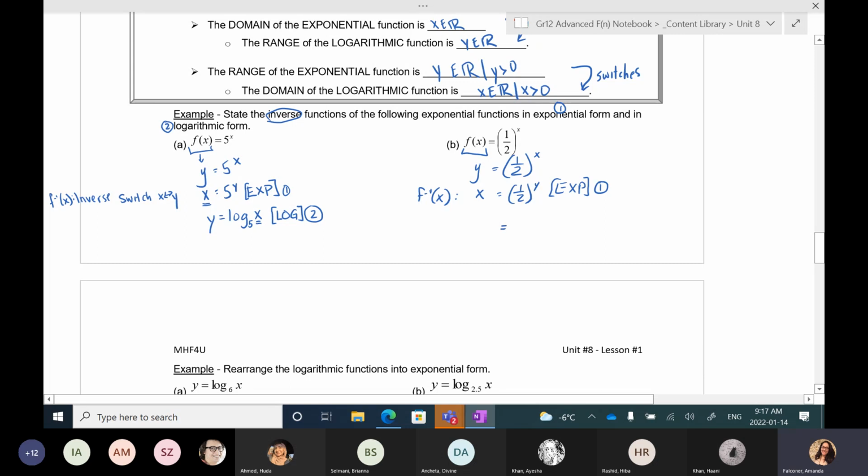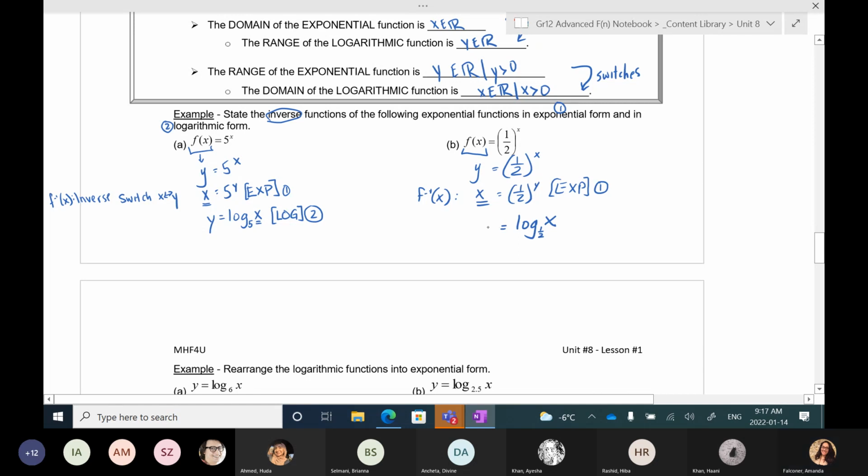My logarithmic version is going to look like, I'm going to write down the log. The value on its own, the answer, is going to become the argument, the big value next to the log. On the bottom, that subscript hanging off of the g, is going to be the base of my original exponential format. So the base was 1/2.